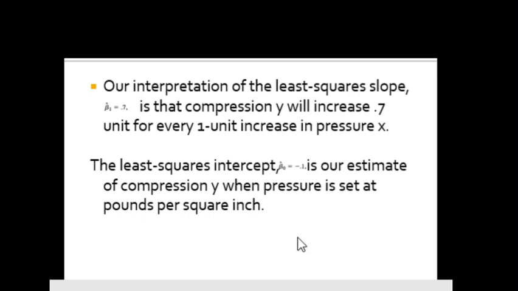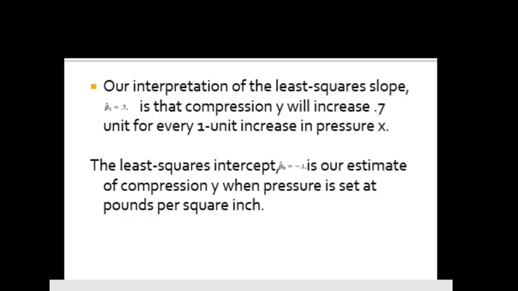Here's the interpretation. For the least square slope, beta 1 hat is 0.7. That means the compression y will increase 0.7 units for every 1 unit increase in pressure, which is x.